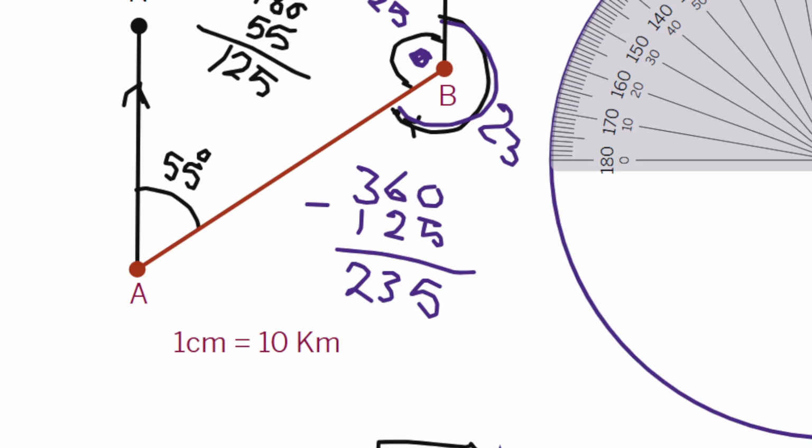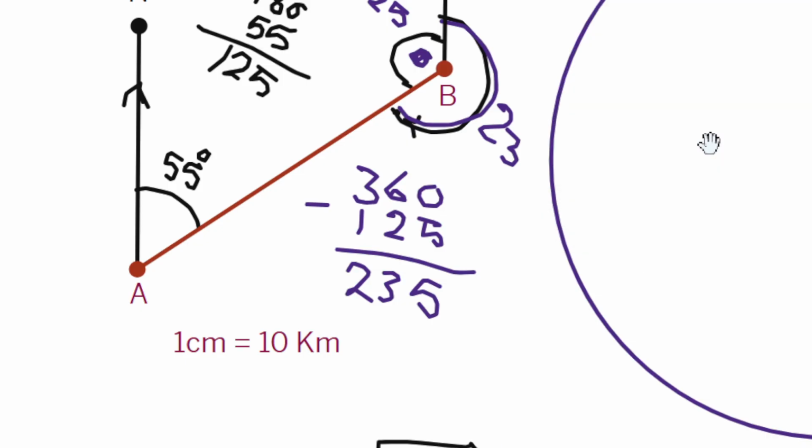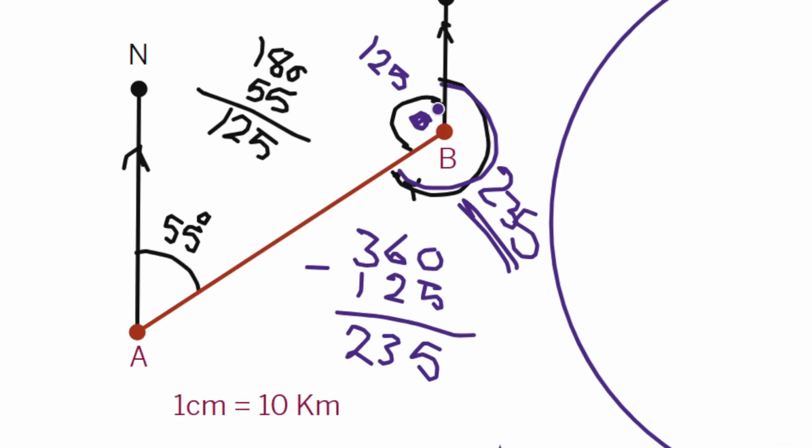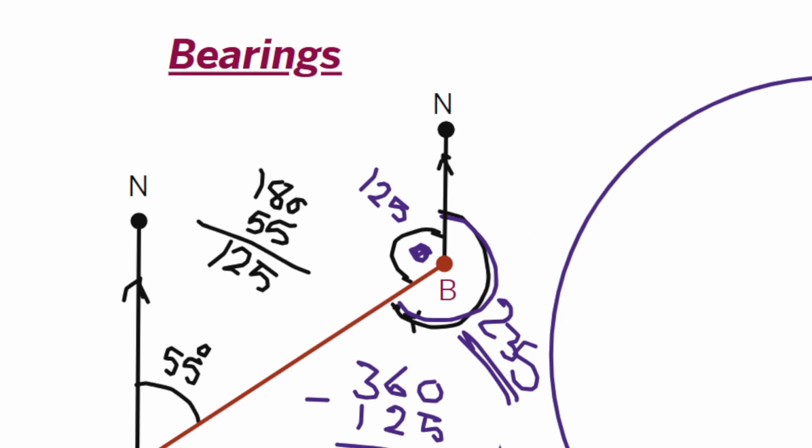And we got it. Now that's 235. Now this is the bearing of A from B. If you use the protractor, it's correct, it's 100% correct, but this is easier. And do you know what?